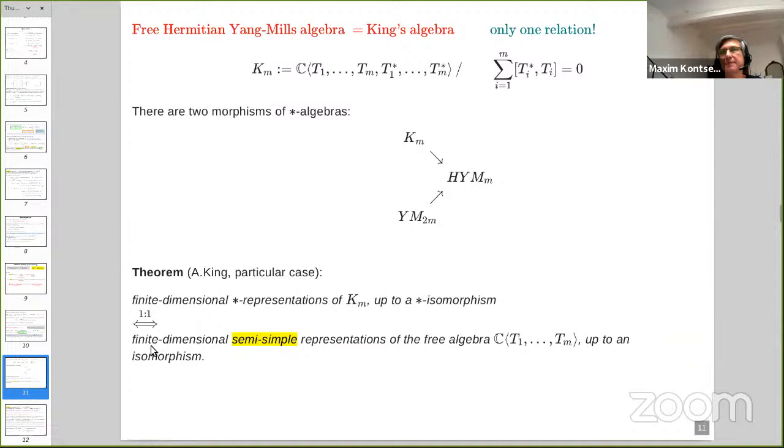The claim is that this is the same as finite dimensional semi-simple representations of the free algebra, without any star structure, up to isomorphism. Here a new word appears: semi-simple, meaning a direct sum of simple representations. If you consider a simple star representation, it will be exactly a simple representation of the star algebra, and any simple representation admits a unique, up to scale, Hermitian product such that it solves this equation.